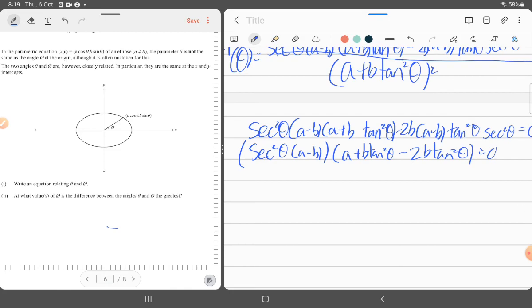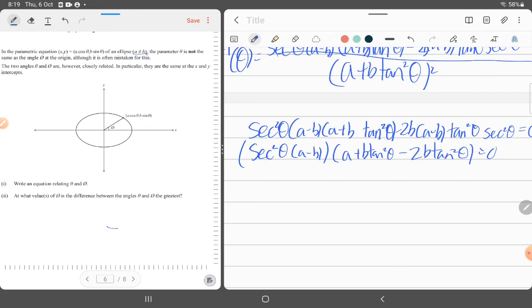So either a minus b has to be 0, but we know that in an ellipse a unequals b.